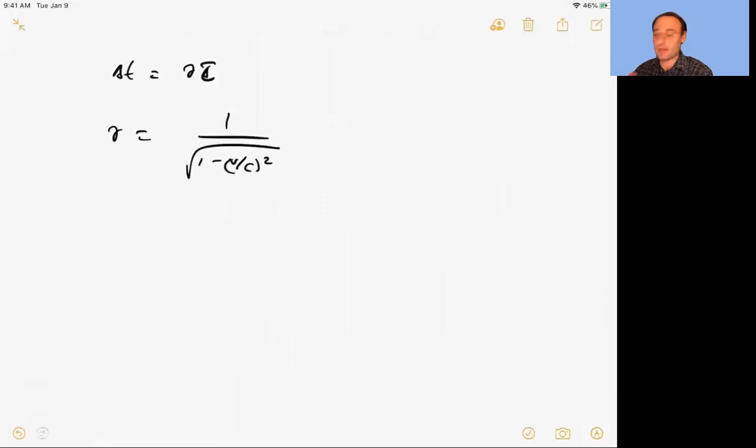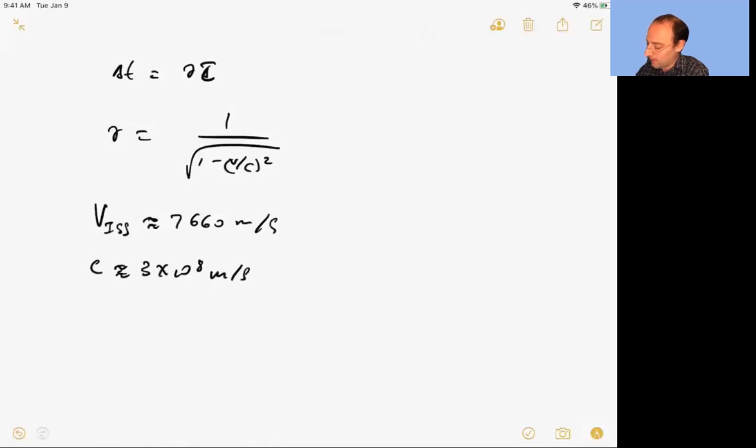How fast does the International Space Station go? I looked it up, about 660 meters per second. Now the speed of light is about 3 times 10 to the 8 meters per second. Now this seems fast, but in comparison to the speed of light, it's snail pace.